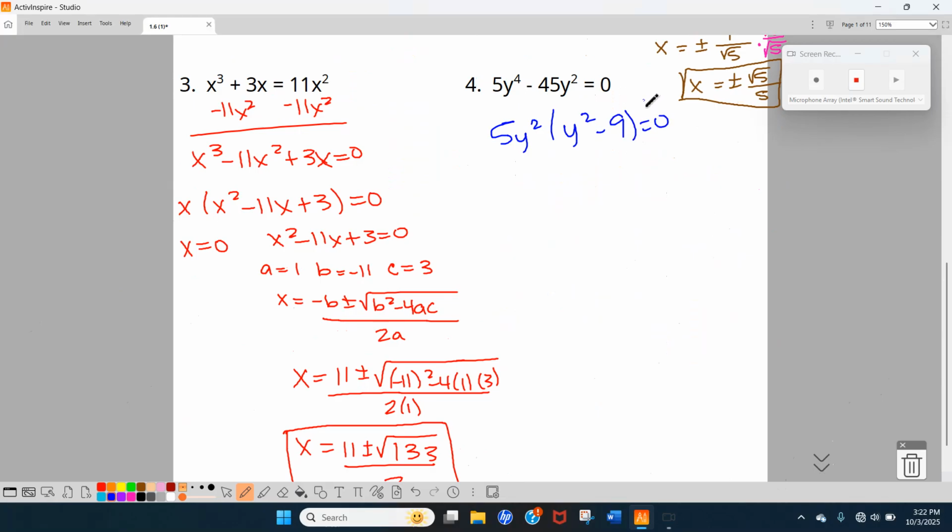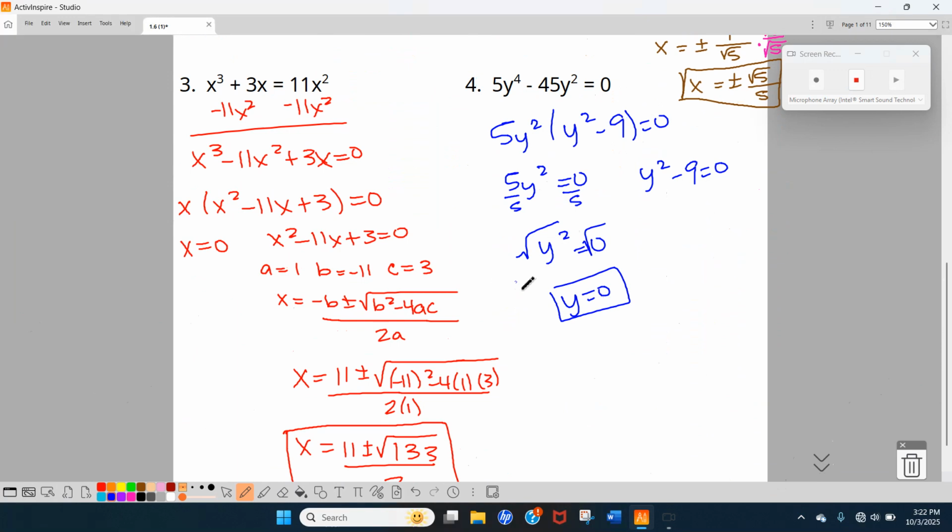And then we can say 5y squared equals 0, y squared minus 9 equals 0. So divide by 5, and y squared is still 0. Take the square root, and y is 0. Now that's a repeated 0, because technically I could break this up into y equals 0, y equals 0. So keep that in mind. That's technically 2 of our answers.